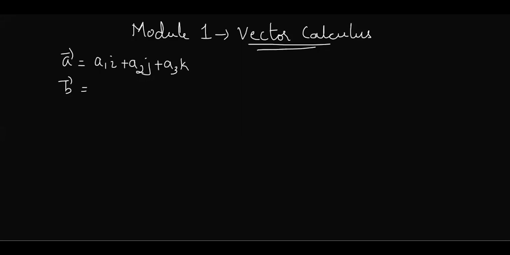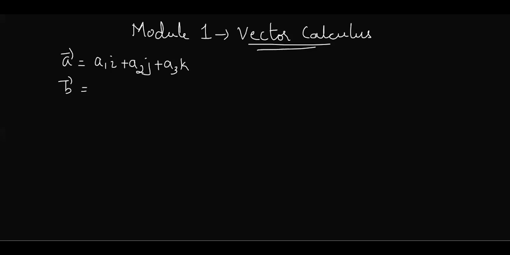You might have taken it as like 2i plus 3j plus 4k, in that format. So if i, j, k are present in the quantity, obviously it is going to be a vector quantity. If i, j, k are not there, obviously it is a scalar quantity.